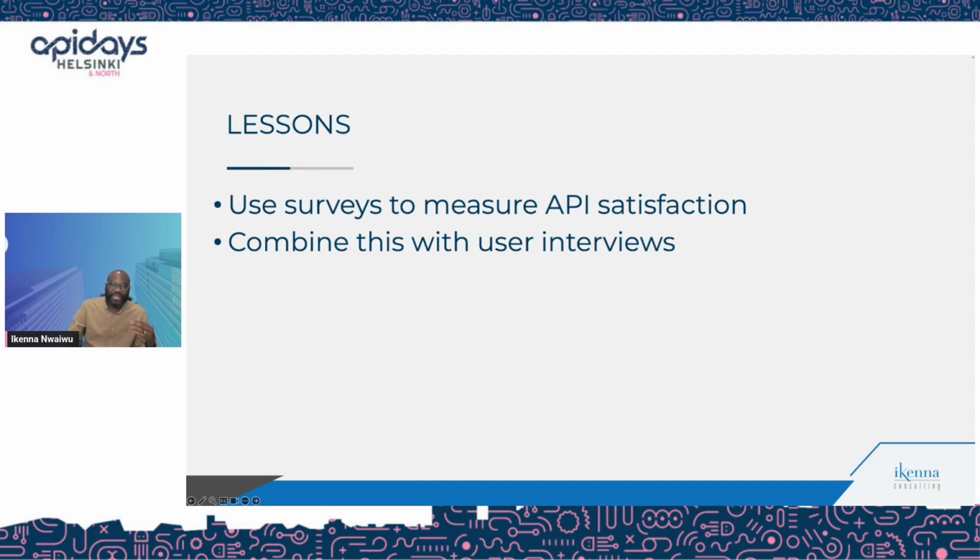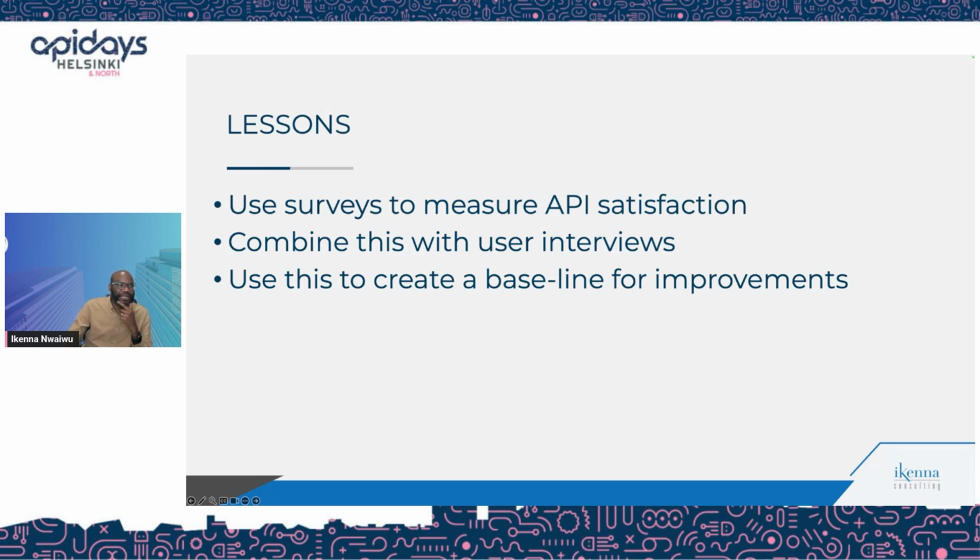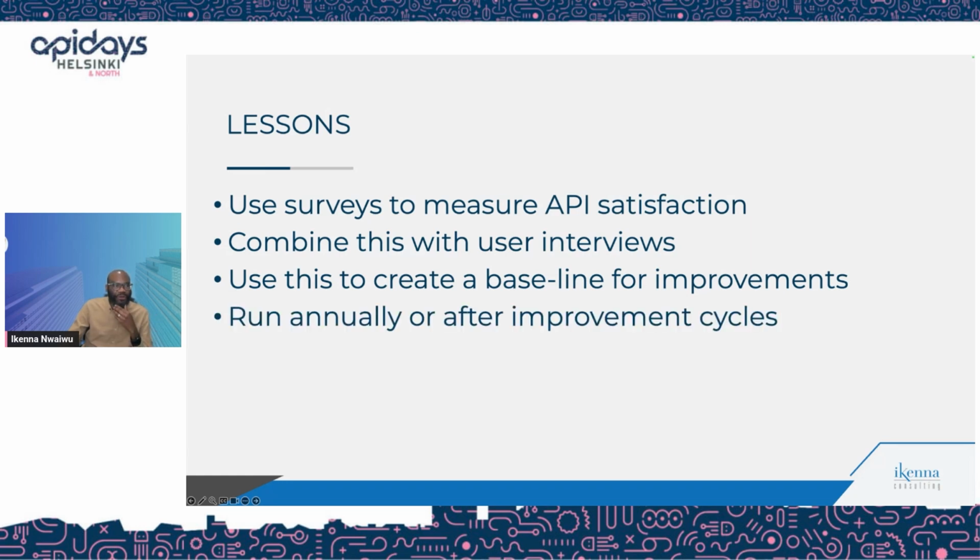Do those interviews to really explore and uncover the finer shades, things that people wouldn't necessarily put on surveys, to uncover any aspects of your operating model that are causing issues for both providers and consumers of the APIs, and also use that as a baseline for improvements going forward. But run this at a cadence, have some sort of regular cadence for running this, even if it's once every year. Do this so you have that correcting feedback mechanism.